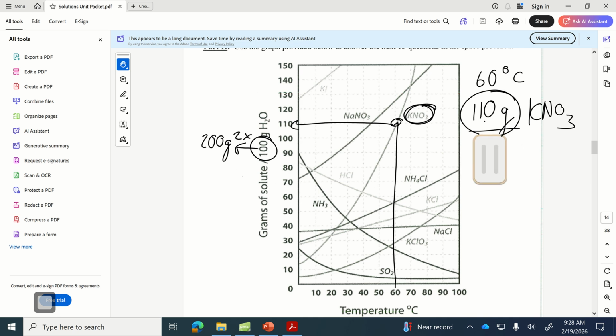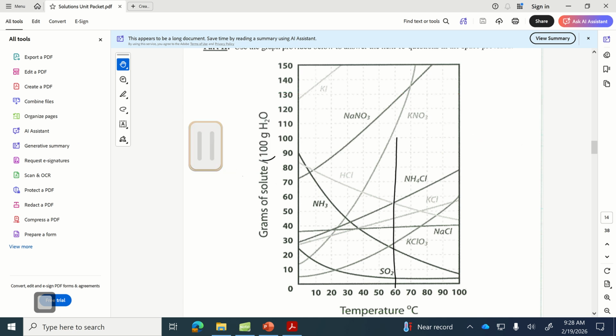The other possibility would be, and again, I'm trying to find one that I can use pretty easily here. I'm going to use NaNO3. So let's say at 30 degrees, NaNO3, I can dissolve 95 grams. At 60 degrees, I can dissolve 125 grams.